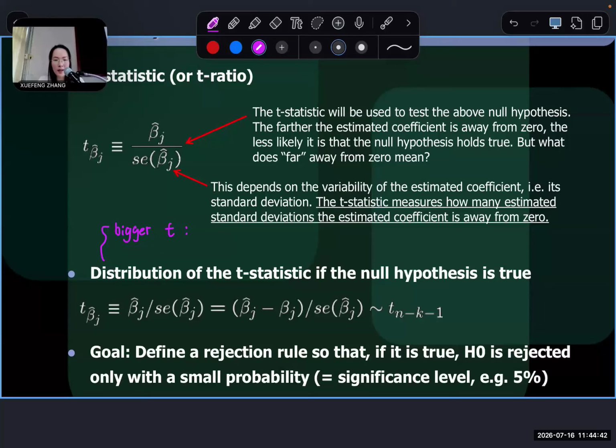If you have a big t statistic, okay, so strong evidence against H0. But if you have a smaller t, you have weak evidence.